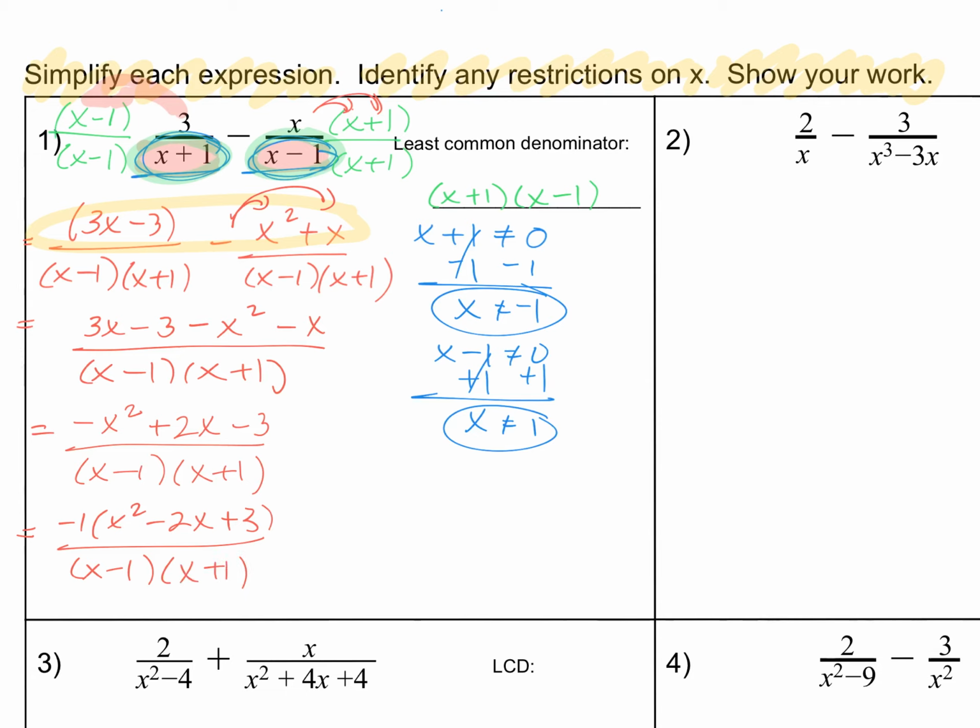And then right away, I see 3 and -2. There's nothing that multiplies to a positive 3 and adds up to -2. So I actually can't factor this anymore, which means that my simplified form is negative x squared plus 2x minus 3. And my excluded values are 1 and -1, and I want to make sure that I include that in my final answer together as well.